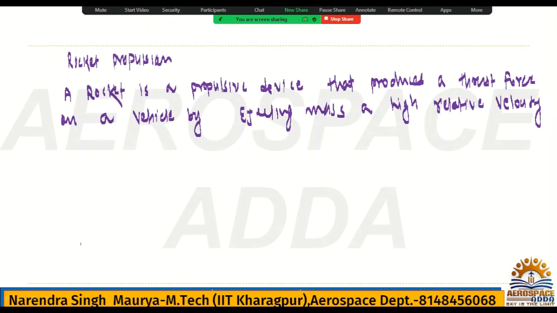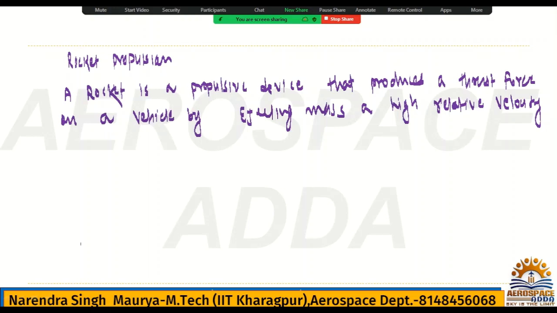Why does the air breathing engine depend on altitude? Because of the density variation. As I told you, density decreases, so mass flow rate decreases, and so obviously thrust decreases. Many changes come into the picture. Temperature variation also changes the performance of the engine.